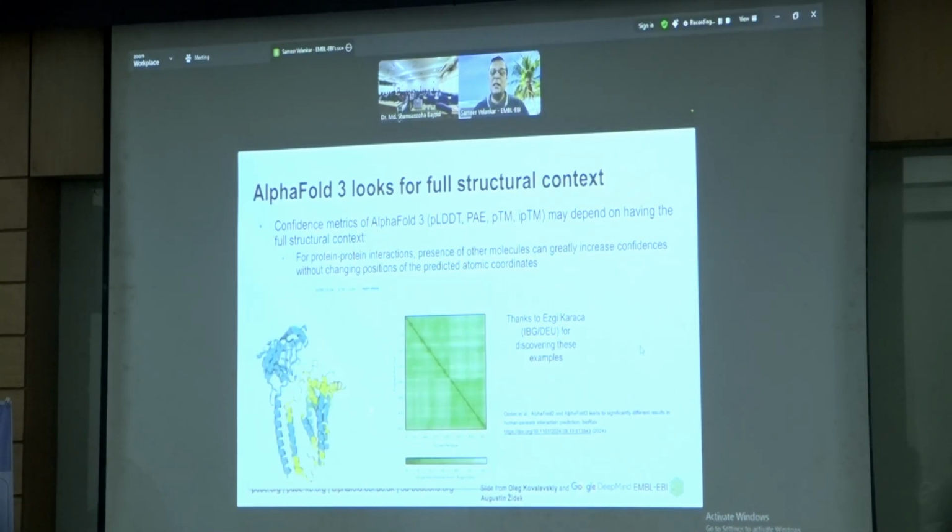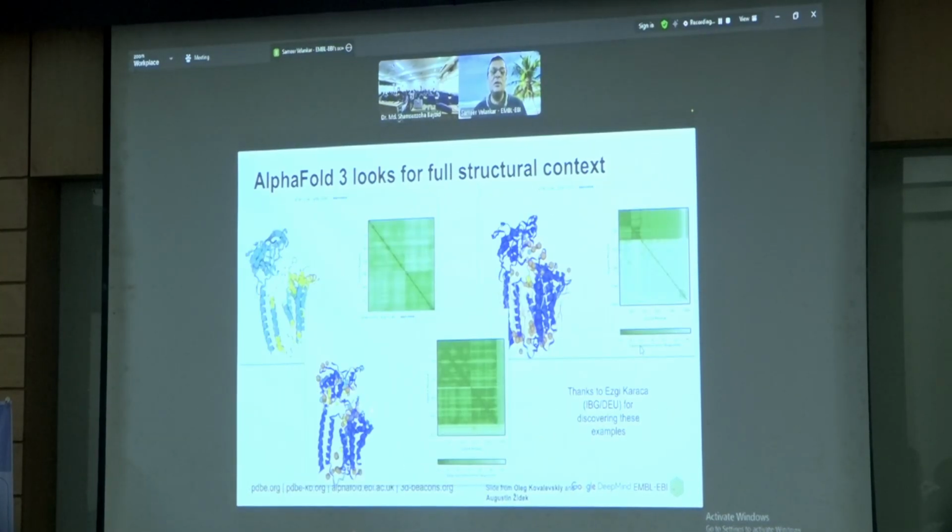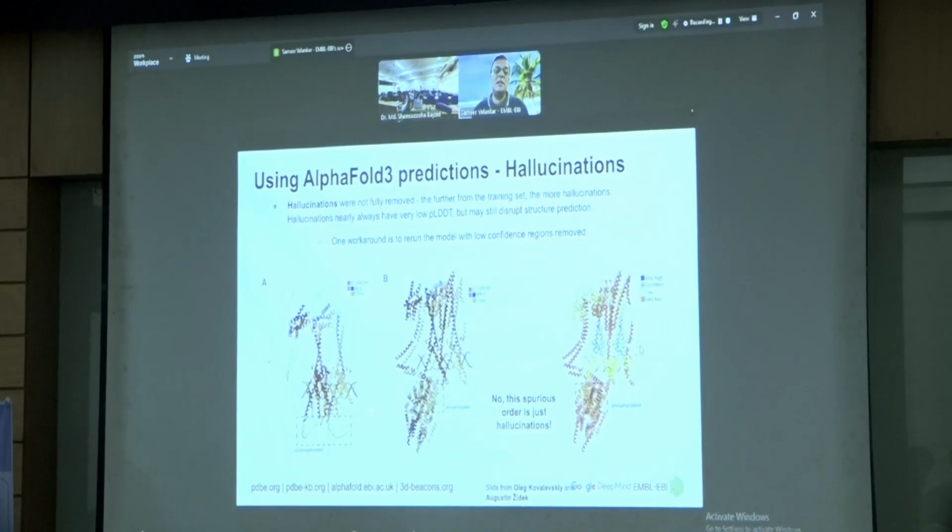So this is another example that is being provided, and you can see here it's all kind of low pLDDT, the PAE doesn't look that good, but once you start providing the metals and other things, it improves a lot, and you provide the membrane, it improves in the bone, etc. So you need to think about AlphaFold 3 very carefully, because what you put in is really important and affects what you get out of it as well.